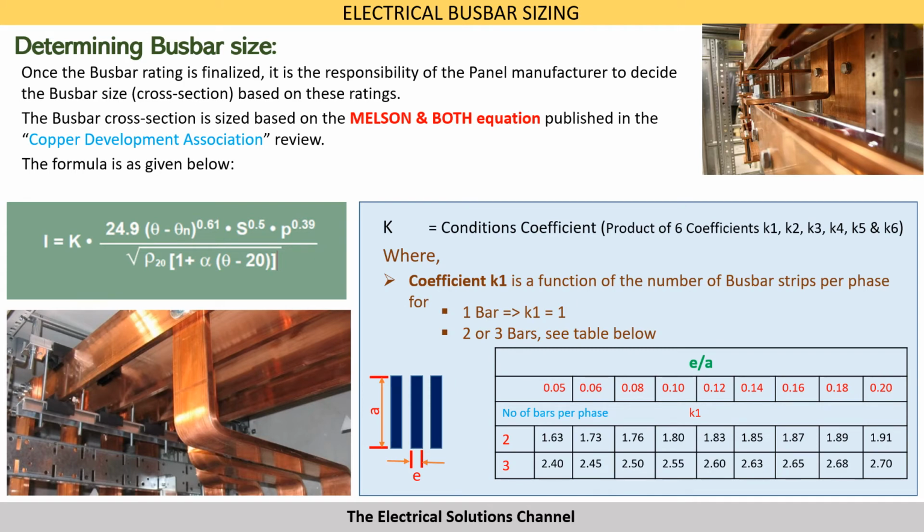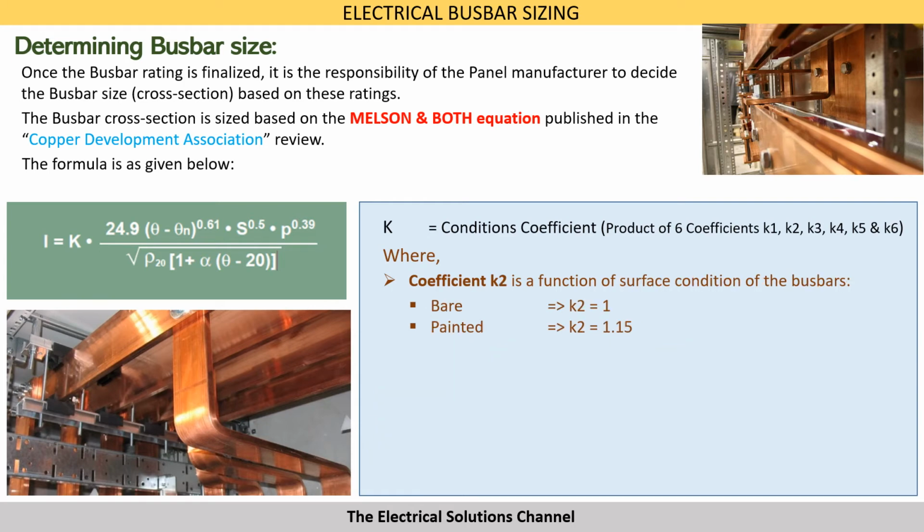where coefficient K1 is a function of the number of busbar strips per phase. For single busbar, K1 is equal to 1, and for 2 or 3 bars, the table below can be utilized. Coefficient K2 is a function of surface condition of the busbars. For bare conductors, K2 is equal to 1, and for painted busbars, K2 is equal to 1.15.